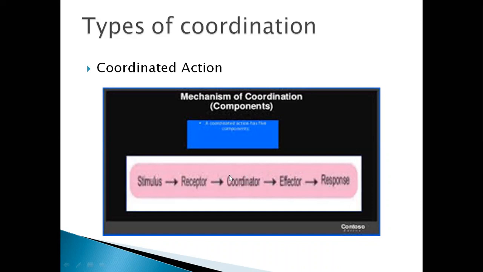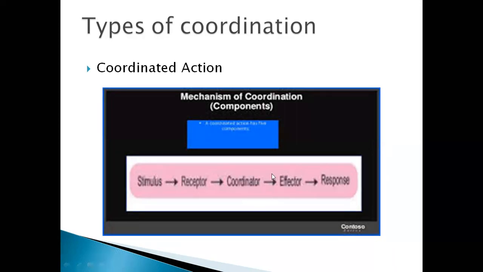But if you see in case of chemical coordination, the second thing, coordination can be chemical, stimulus can be any other. Like if in your body the sugar level increases, when the sugar level is increased, what happened? The receptor cells that are present in the blood, they send a message towards the coordinator. And what is the coordinator here? Endocrine glands. Endocrine glands read the message: yes, the sugar level is very high, I have to maintain it.